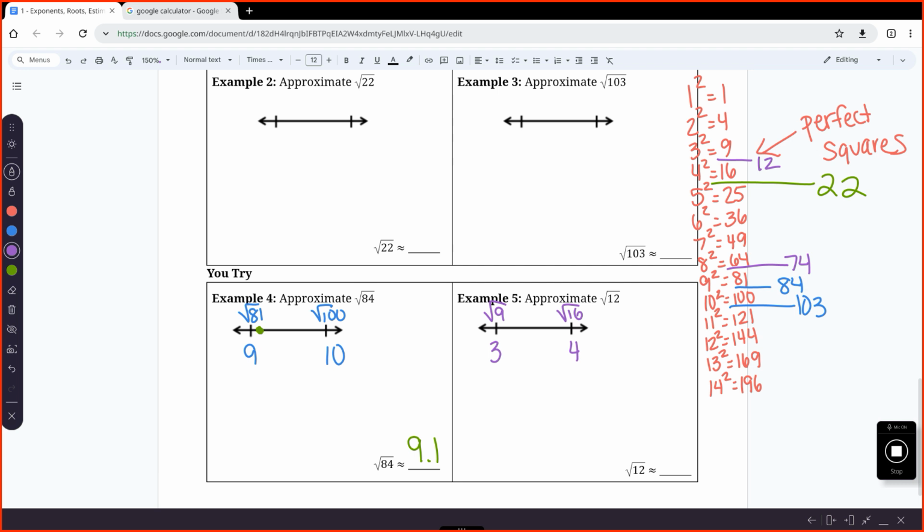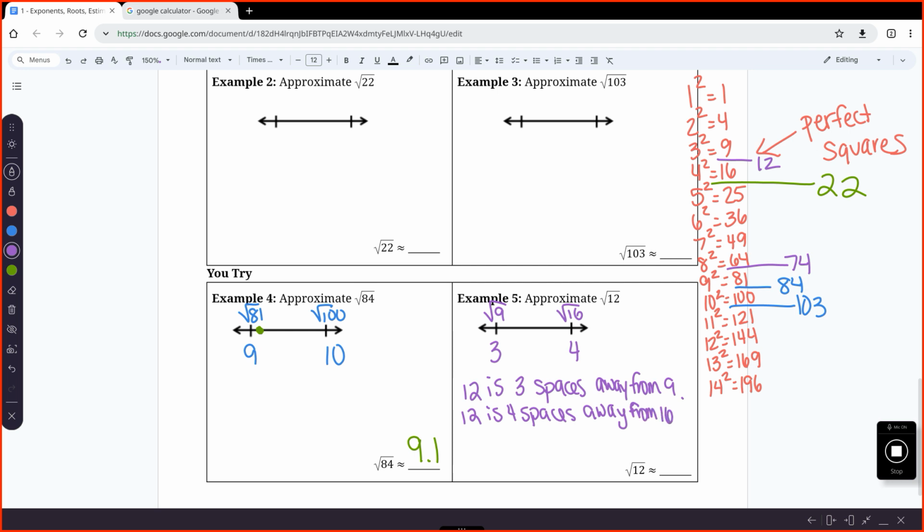So the square root of 12 is going to be, is it closer to the 9 or closer to the 16? Let's think about this. 12 is 3 spaces away from 9. And 12 is 4 spaces away from 16.